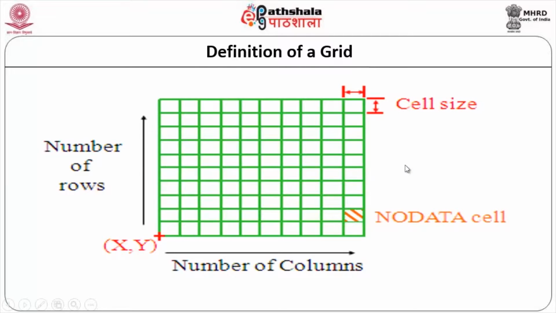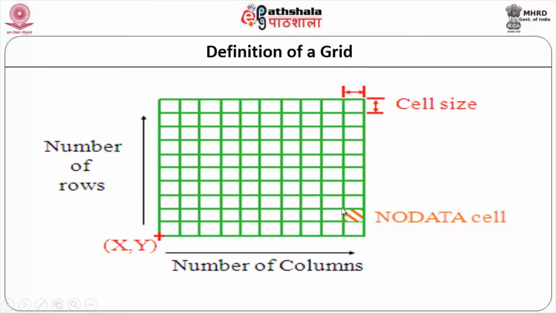How do you define a grid cell or a grid rather? In a grid you will have n number of rows and n number of columns, and the origin will be x comma y, and the maximum will depend upon the value you intend to give. That depends on the total number of cells, and this is obviously the cell size.